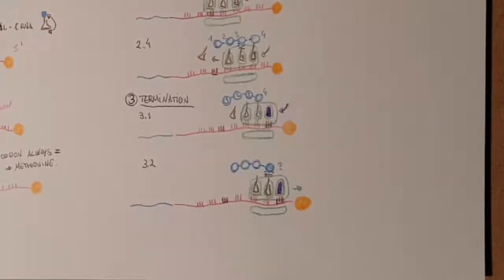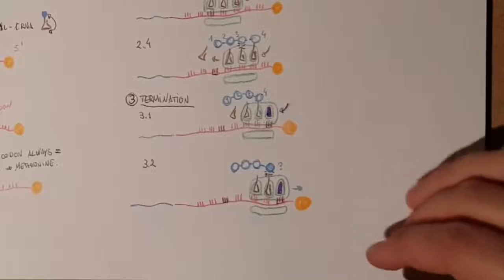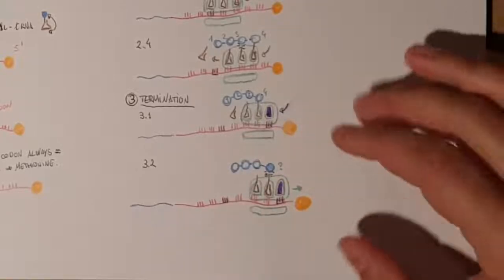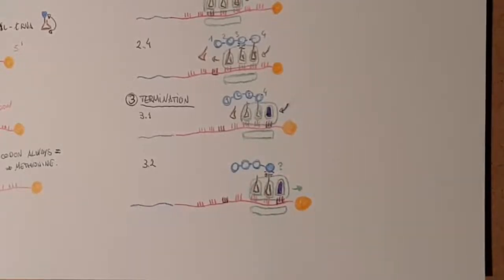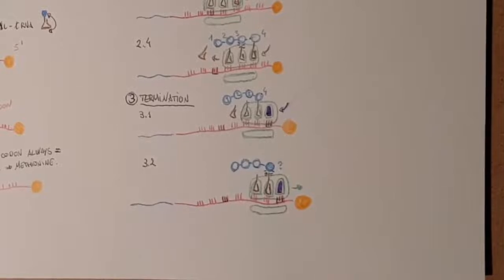Everything is going to disassemble in 3.3. So that's basically it. I'm going to add brief descriptions here for elongation and termination, and then you will have the finished video.